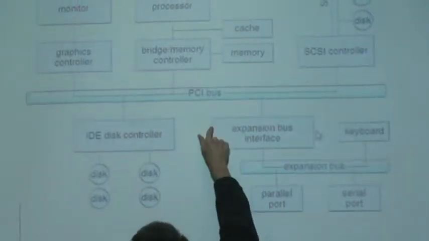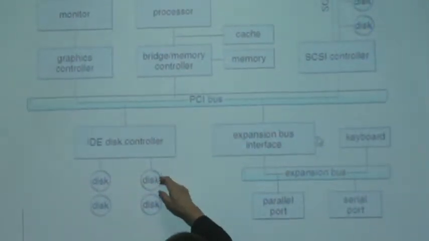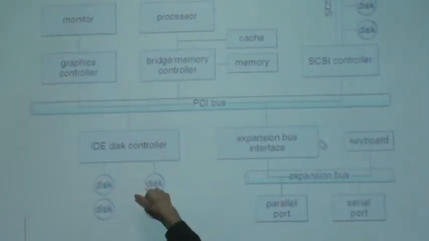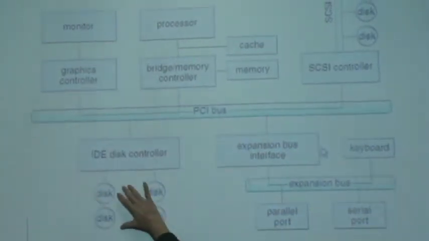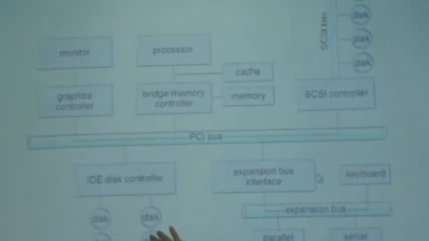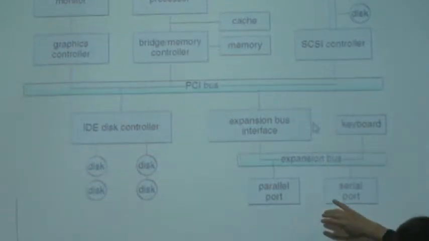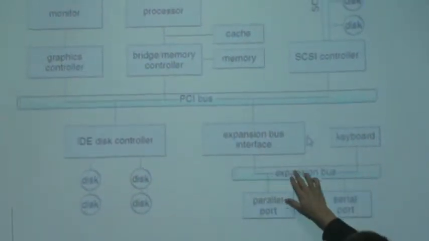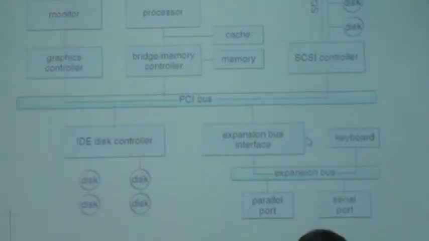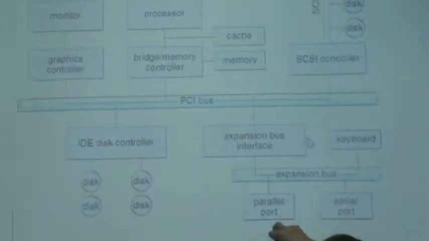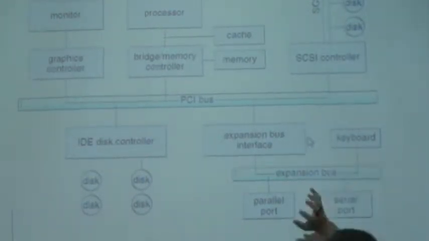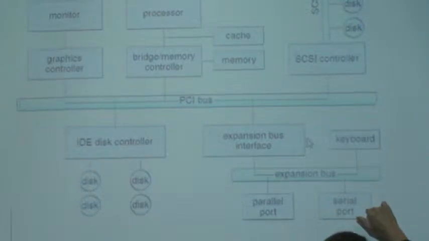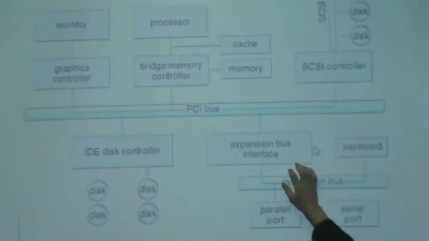All these controllers are connected to the bus, and under the controller we have, for example, the IDE disk controller and the hard disk drive device. Through the expansion bus, the expansion of the PCI bus, there are the parallel and serial ports, the keyboard, and so on.